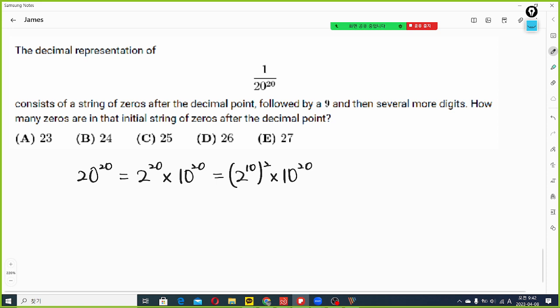And 2 to the power of 10. 2 to the 10th power is exactly 1024, but we can estimate that that's about 1000.